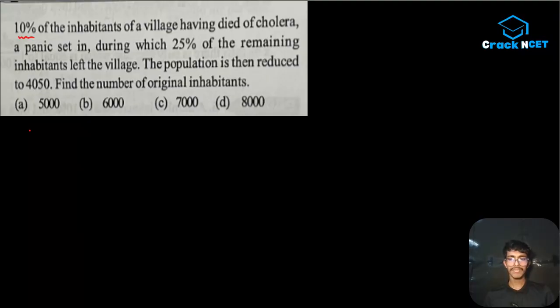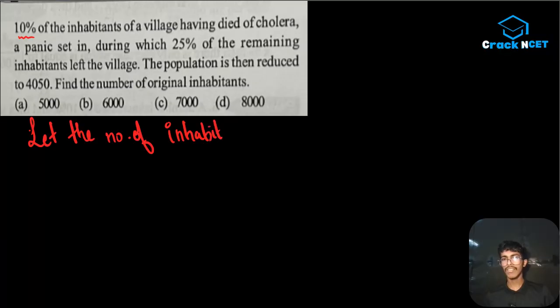Okay. So 10% of the village having died of cholera. So initially we are assuming that the initial number of inhabitants, the number of villagers, is x. Okay. So 10% of x means 10 by 100 of x, converting into fraction, having died of cholera.